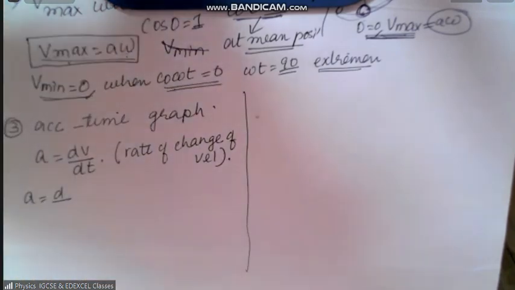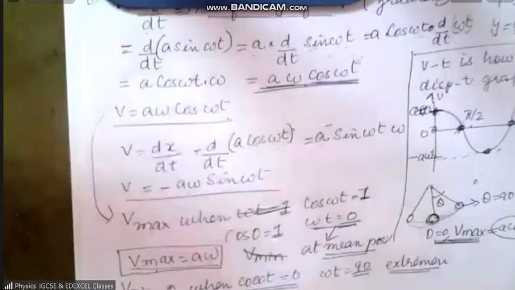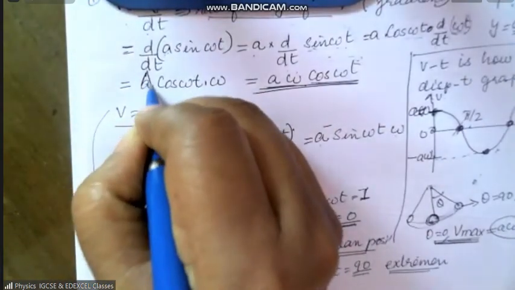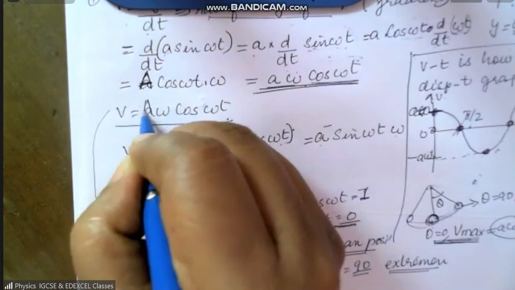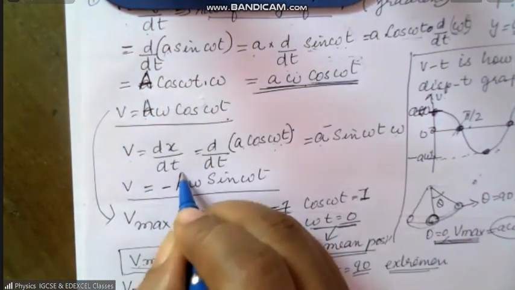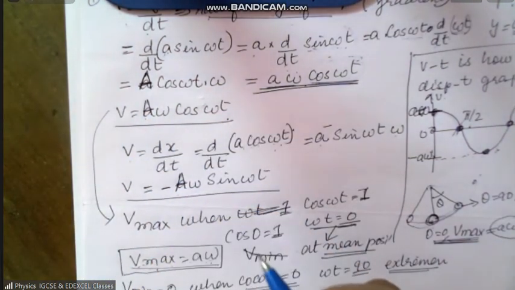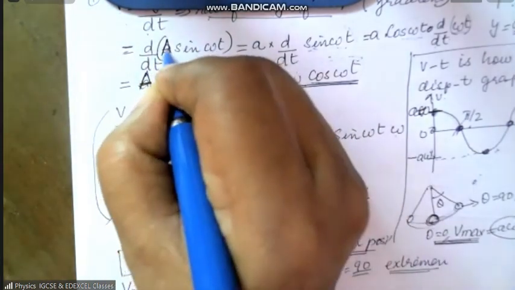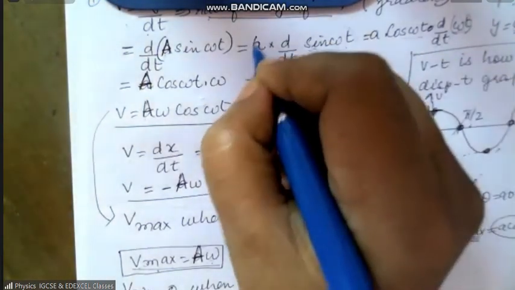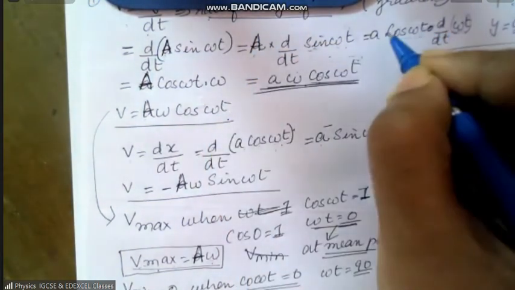Then let us make the amplitude capital A. Okay, let's put amplitude as capital A. So A omega. Okay, make all the amplitudes bigger.